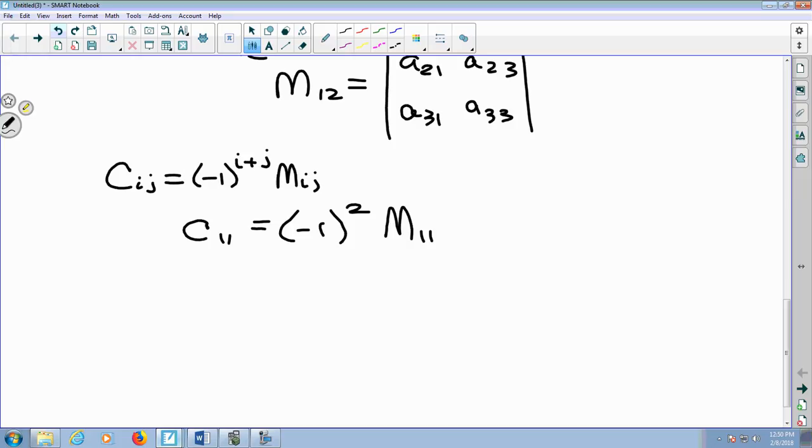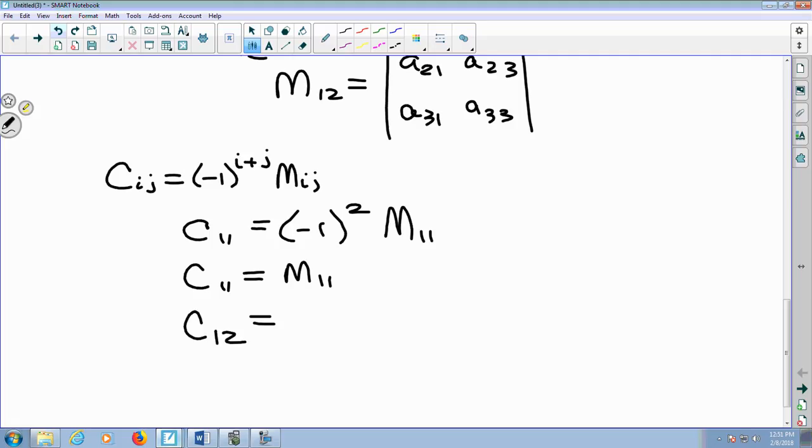Since -1 to the second power equals 1, that tells us that C11 is equal to M11. Again, we don't know how these minors and cofactors are going to help us determine the determinant. They will, but right now we're just doing these calculations to help us understand in the future where the determinant of matrices comes from.